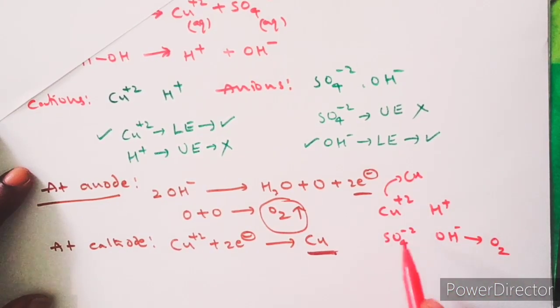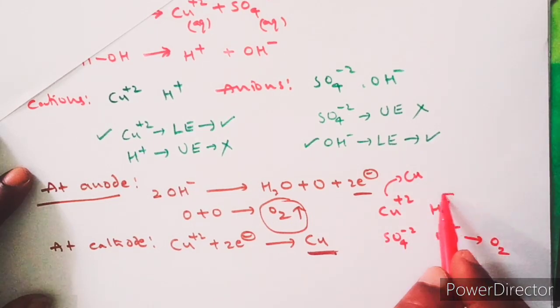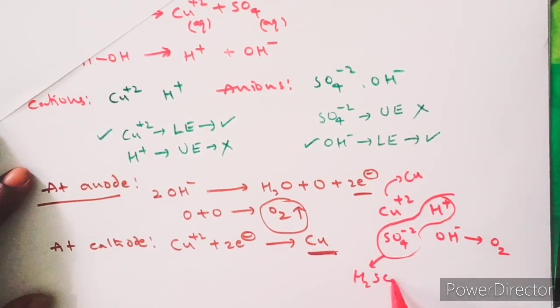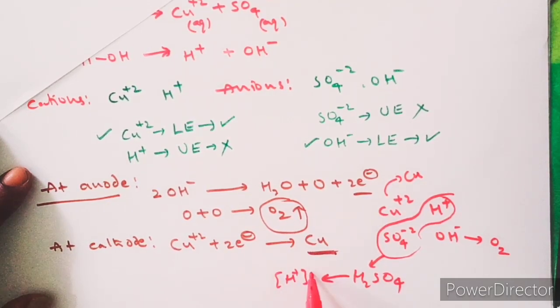Next, proton and sulfate ions will combine together to form sulfuric acid. That means in the aqueous solution the proton concentration will be more. If the proton concentration is more, the pH will be less than 7. That means the solution will be acidic in nature. These are the things we can identify.